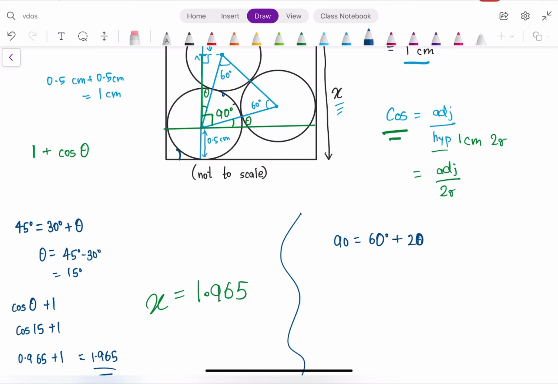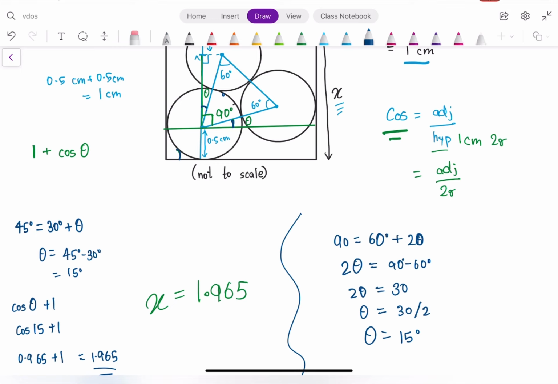It looks like a 0. So that is because we have 2 of the same angles right here. So 2 thetas is 90 minus 60. So that gives us 30 degrees. And that divided by 2 gives us 15 degrees. So theta has to be 15 degrees.